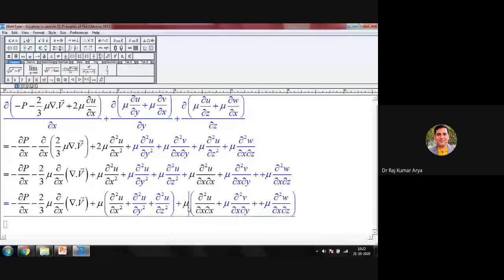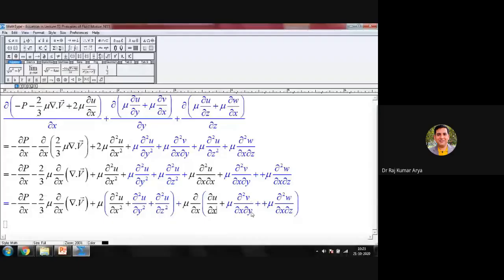I write something inside a bracket, and I'm taking mu common because viscosity for an incompressible fluid is, currently we are not making it constant, so we are taking constant viscosity actually.